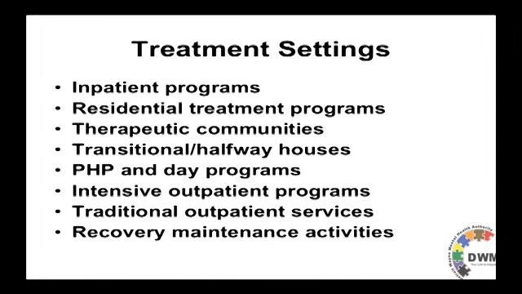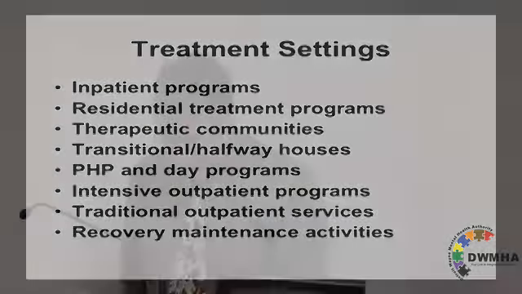I always look for a 3/5 house, something in between. I don't need all that structure. It's a terminology on degree of, when you were a patient, you said restrictions. When you're a clinician, you say support. Same thing. The PHP and day programs: intensive outpatient, traditional outpatient, recovery, maintenance activities.